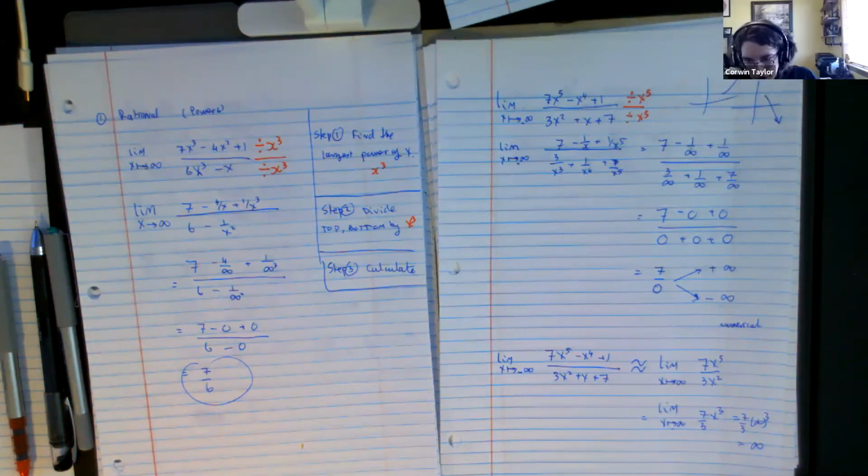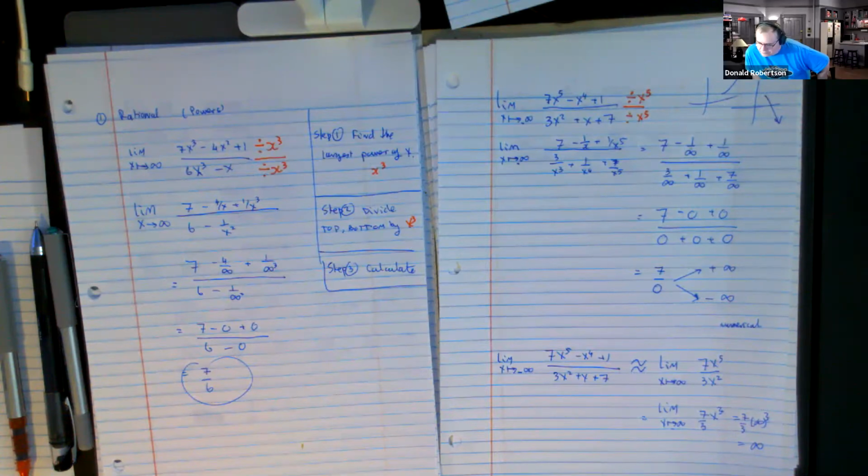So if you were to just evaluate right there instead of taking out the infinity first, you'd have 7 times infinity to the 5th, which is just infinity, over 3 times infinity squared, which is just infinity. So you'd have infinity over infinity, and wouldn't that be 1 instead of infinity?